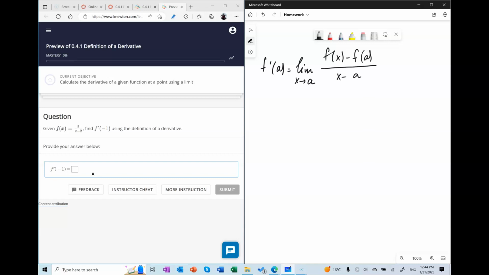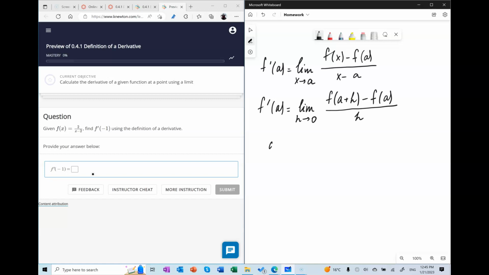This is not the working definition. It does make sense as the difference quotient, but the following is the working definition of a derivative of a function at a point. We introduce h, and rewrite the difference quotient using the h notation instead of x. So this is what we have.